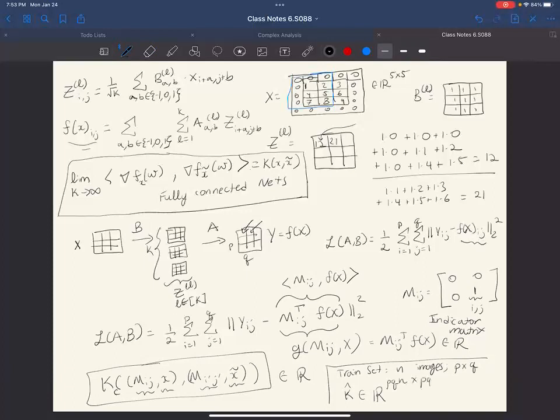So it's going to be a pqn by pqn matrix. This thing can be very large. But as we'll see in the next lecture for image inpainting, we're going to use exactly this trick when n equals 1 and get some really cool results that match the performance of convolutional networks for this problem.